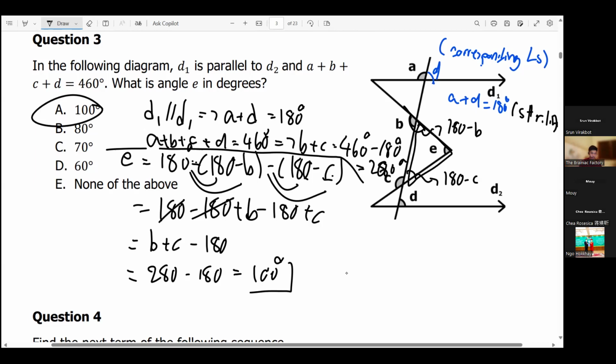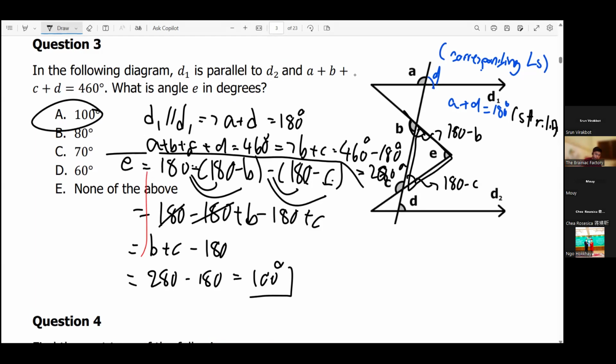Yes, anyone has any questions related to the question? Okay, so someone asked, how do I get B plus C equals 280?